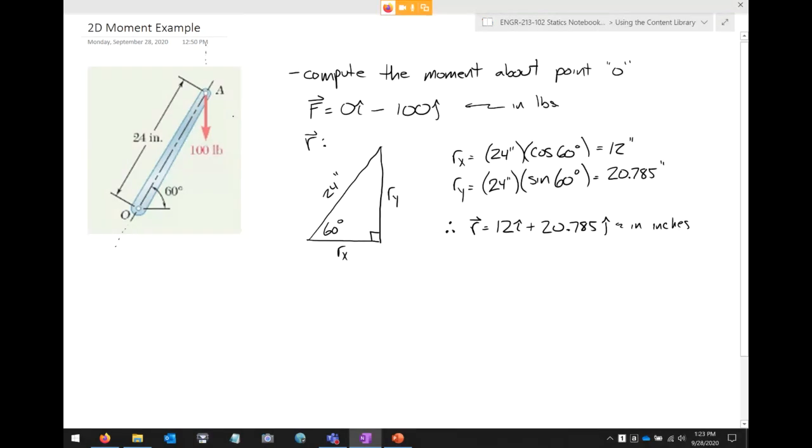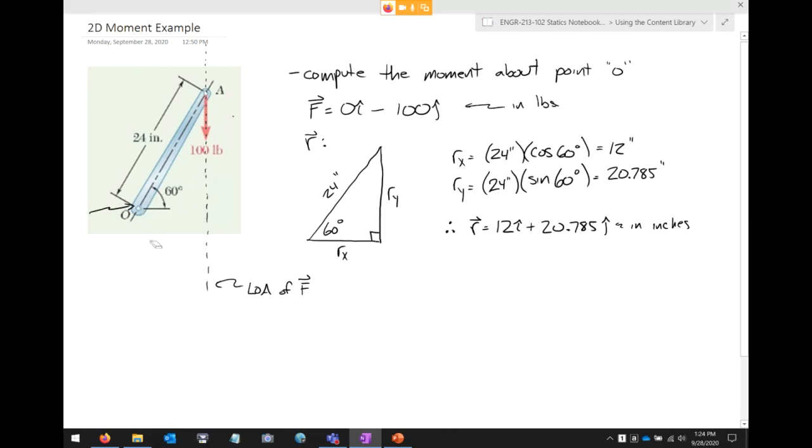This right here, that is the line of action of F, right? And that right there is the point about which you're taking moments. So R could be anything. It could be that, it could be that, it could be that. It could be any one of those vectors, and you will get the same answer for the moment every time, okay?